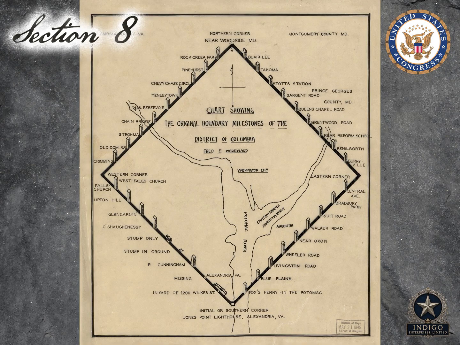Let's pause right there real quick. The district they're talking about, not exceeding 10 miles square, is the District of Columbia, which was designated as the nation's capital.